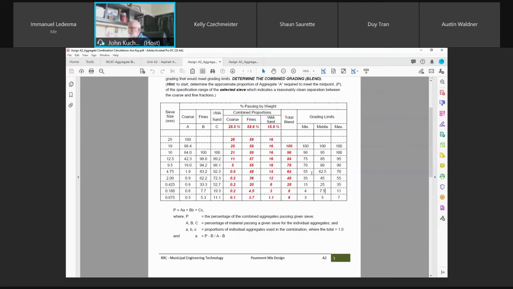I left these just to show that these are the middle. If we rounded this off to 8 and rounded off to 63, we're really close. And 6. Okay, so this is in the Asphalt Institute. If you looked at that textbook that I showed you, or if somebody got one from the library, all this is in there also.